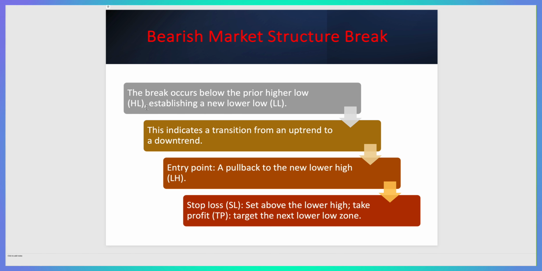Now it's saying take your target to the next lower zone. You'll be looking to the left for the last time you had a swing low or a swing high on whatever time frame you wanted to look at. All right. First, verify the break by watching the candle close. Wait.